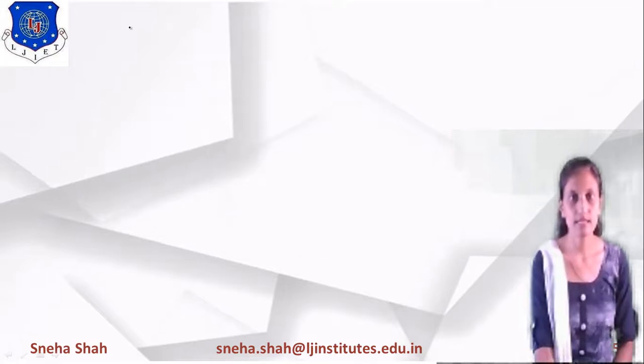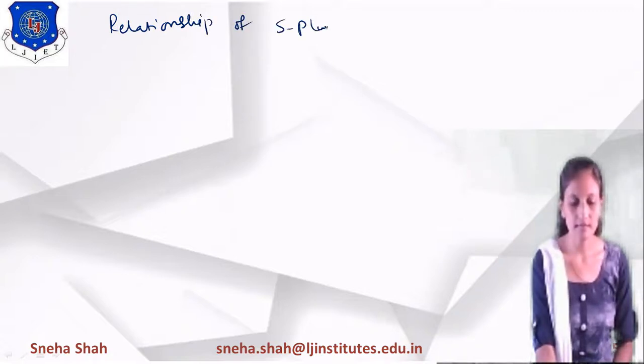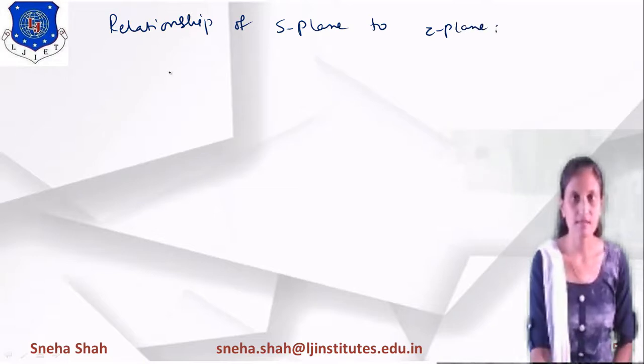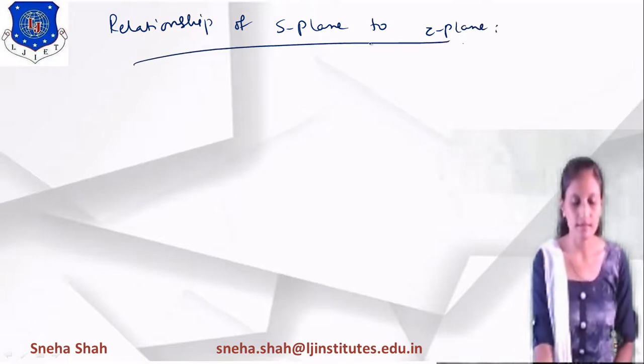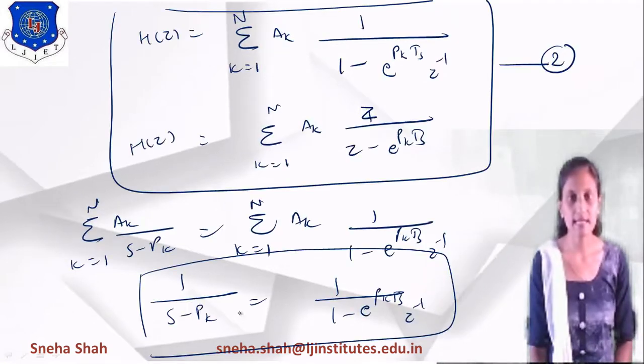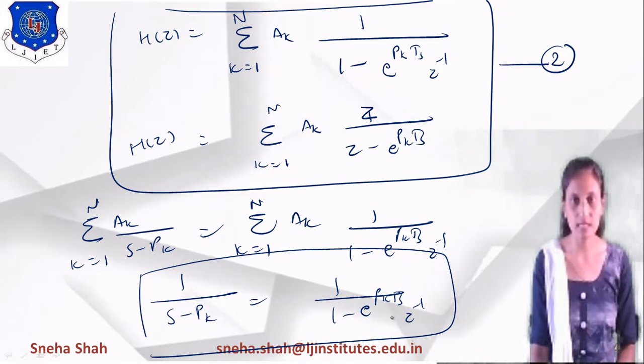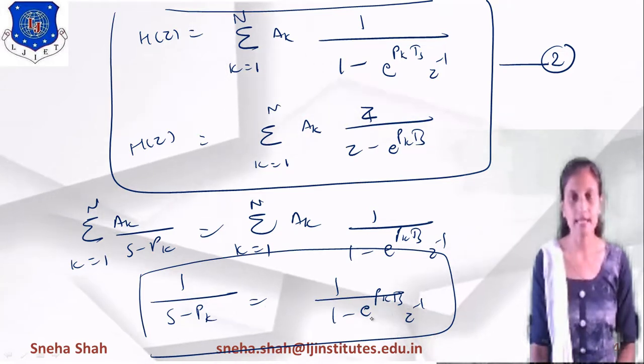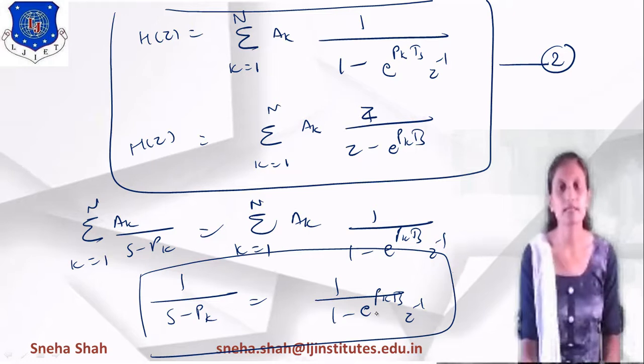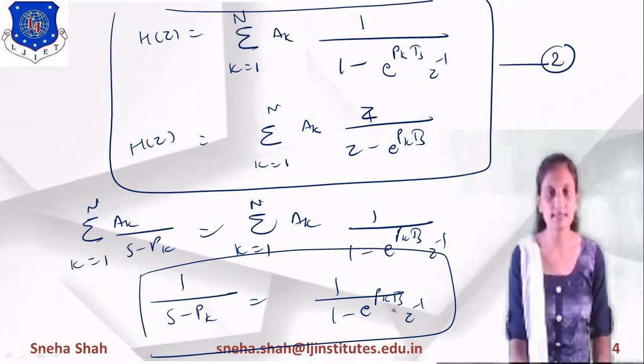So the next point is the relationship of the S-plane to the Z-plane. It means mapping between these two planes. You can see from the last slide where the pole is over here. If I am taking z equals e raised to pk ds, then at that point we will be deriving the pole position of this digital filter, right?